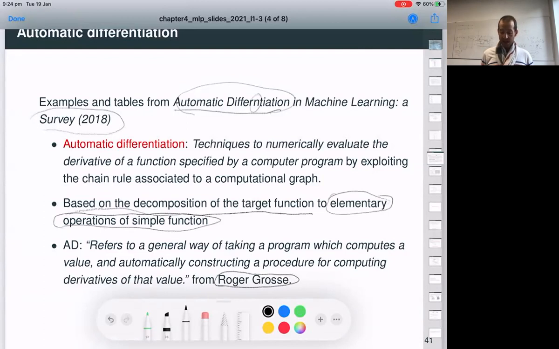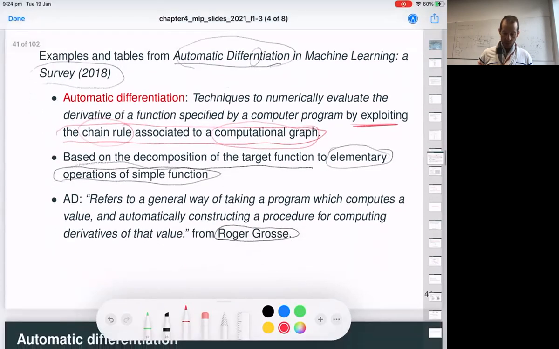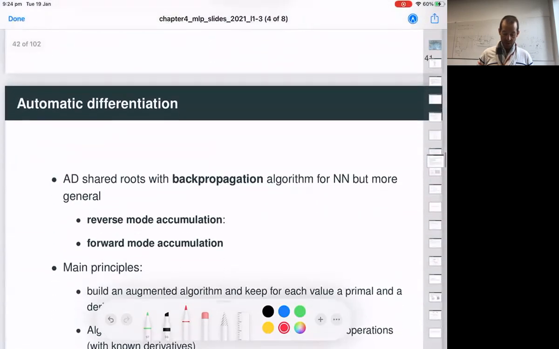And by the second key point, we will exploit the chain rules to a computational graph. So you know all these words: you know chain rule, you know computational graph, and you know elementary operation of a function. So it will be quite straightforward to do the automatic differentiation.